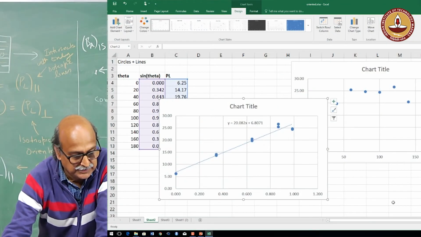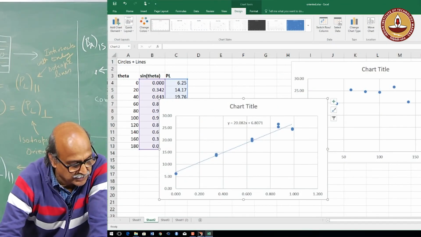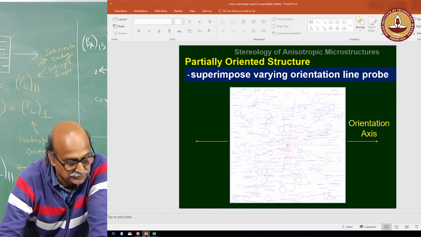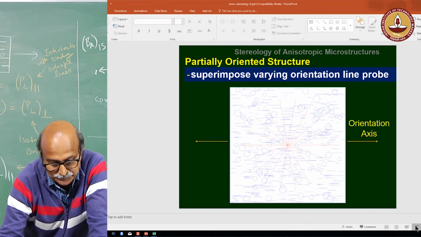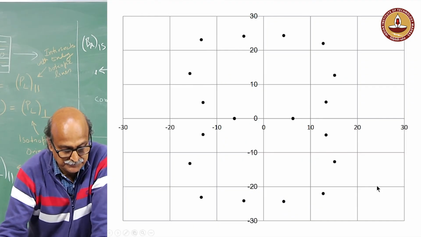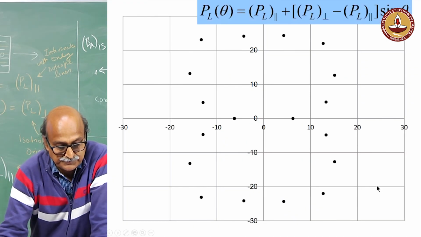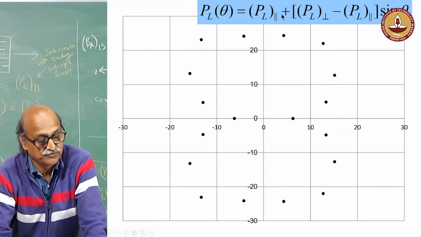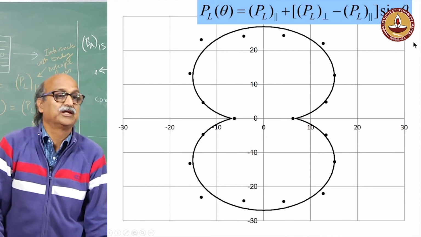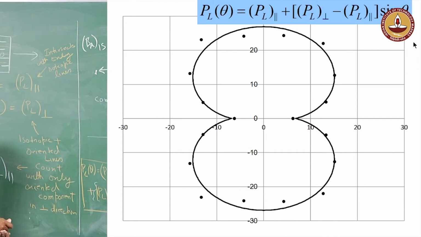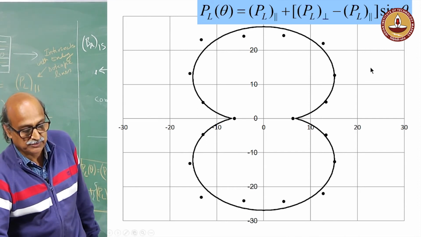Then if I take this data and plot it as a polar plot, so this is the equation I have just fitted, and if I plot that equation, now I am going to get curves like this.